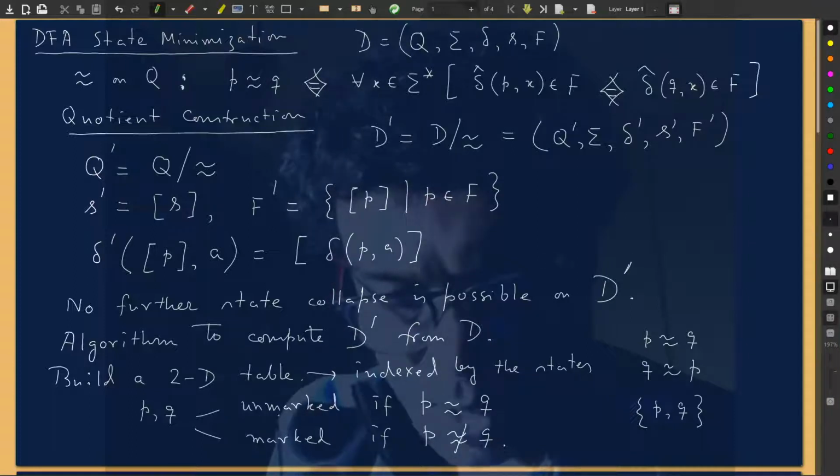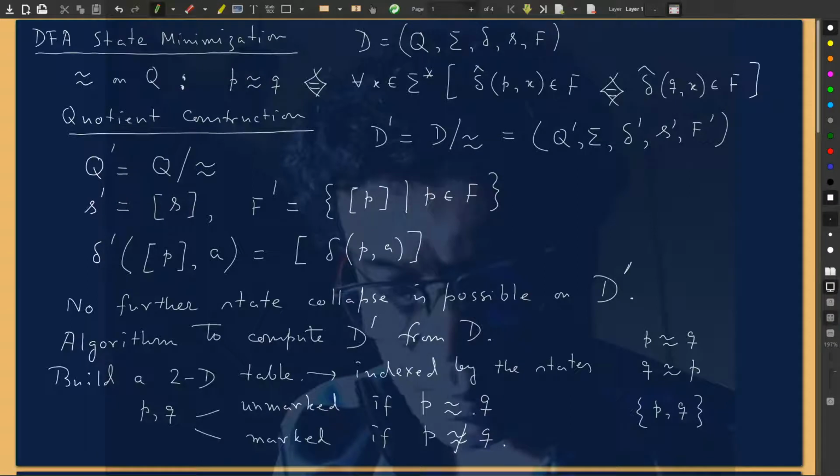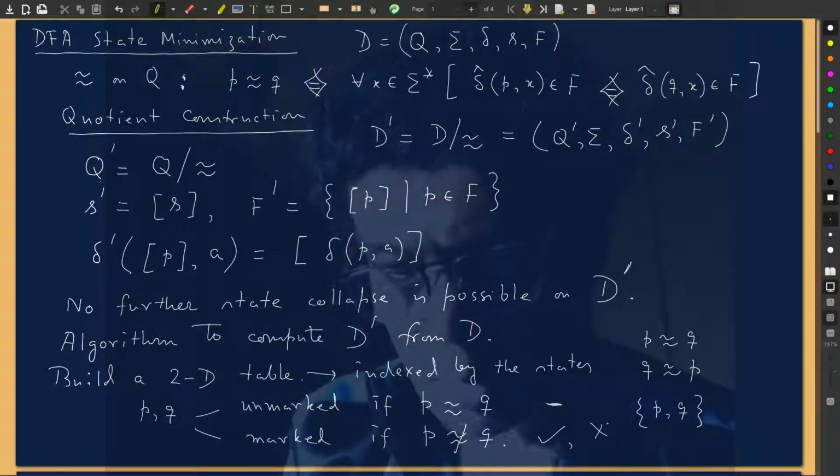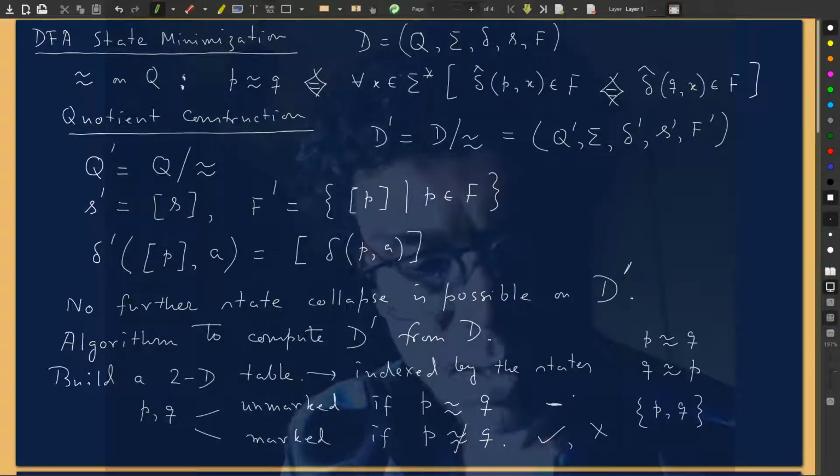This will be unmarked if P is equivalent to Q, and the pqth entry will be marked if we know that P and Q are not equivalent. So I will use some symbols for this marking. Maybe I will use minus as the unmarked symbol. For marking, I may use symbols like a cross or a star, something like that.